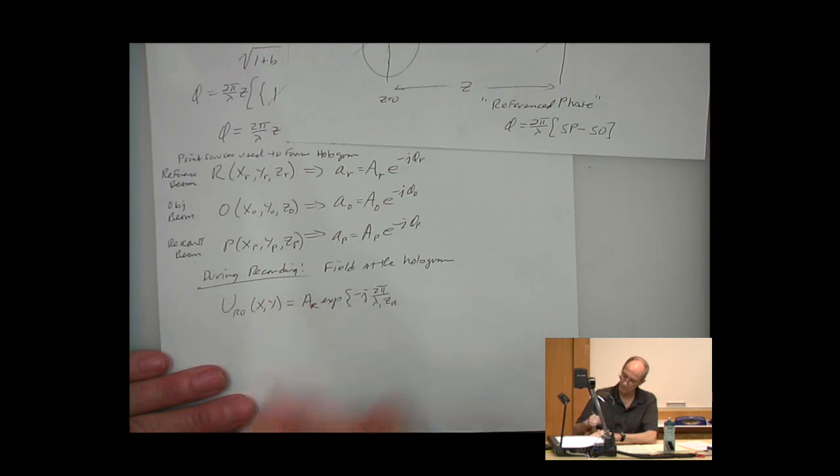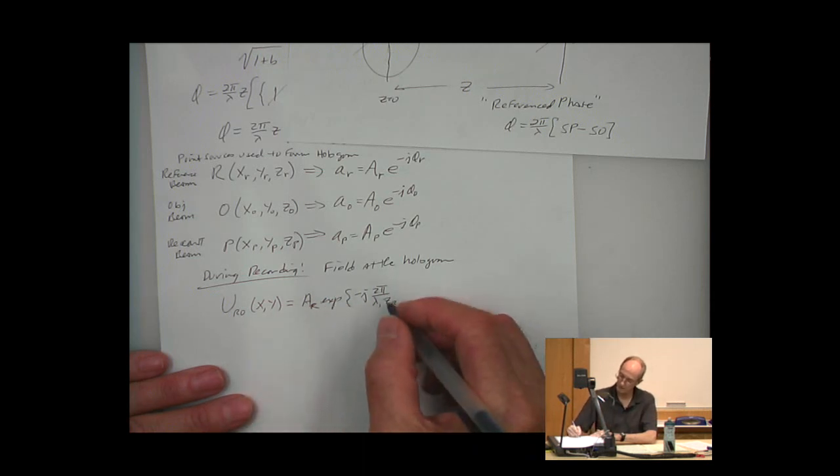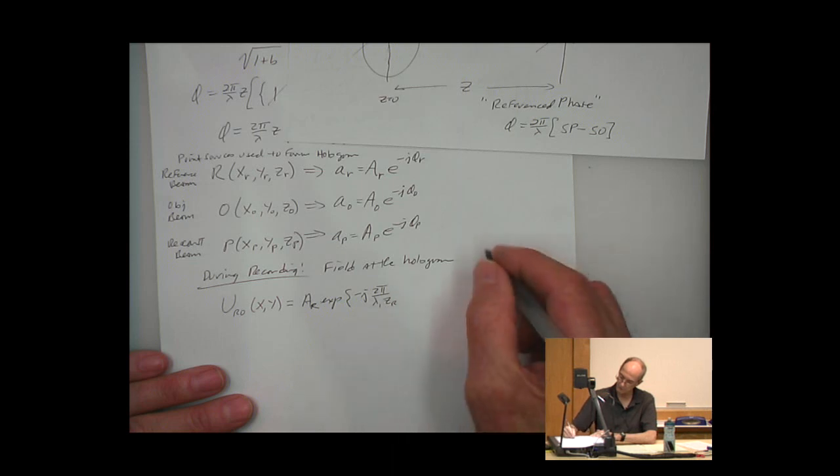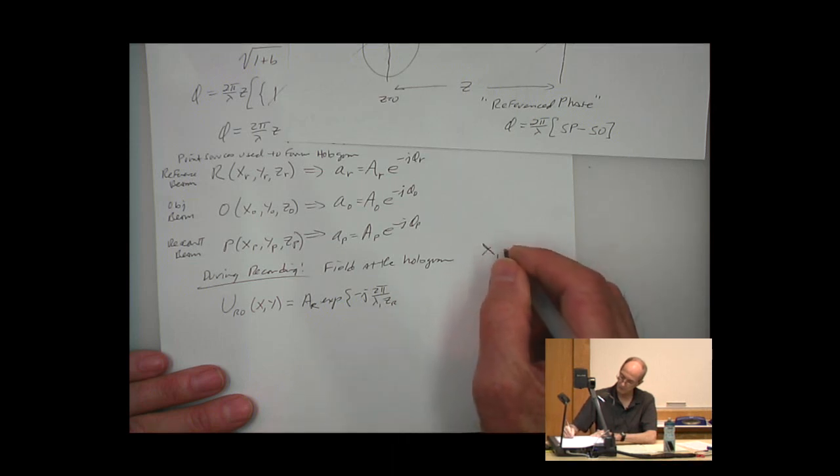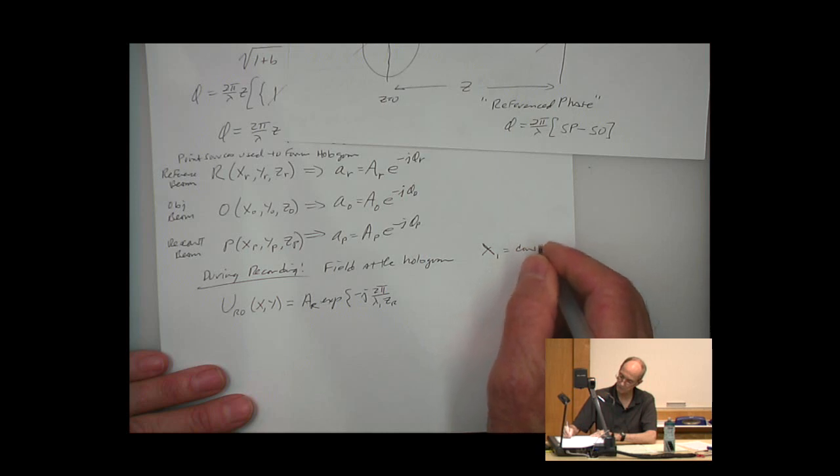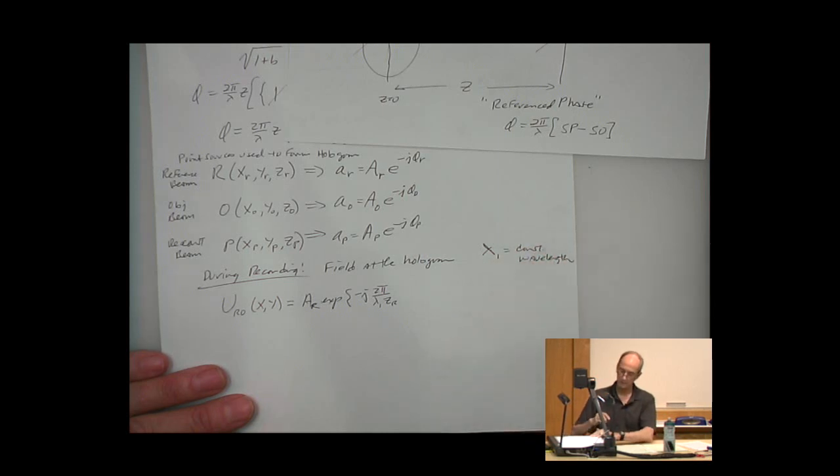Sorry if I'm using upper and lower case interchangeably. And lambda 1 is the construction wavelength that we have.